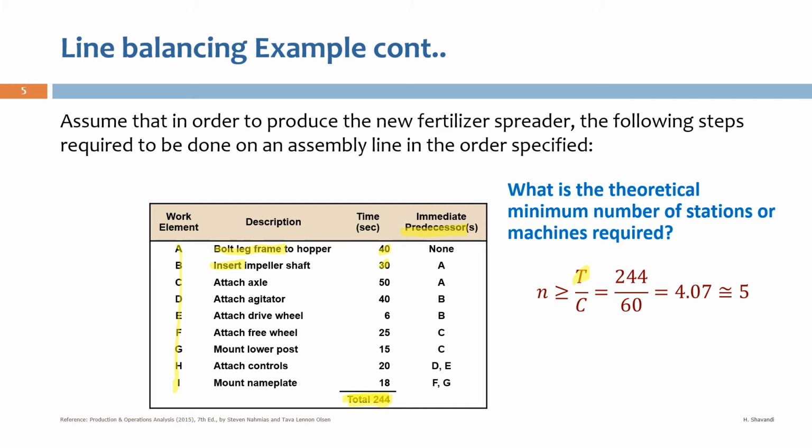So if we divide T by C, 244 divided by 60, it will be 4.07. We always round it up, so it will be 5. So 5 will be our minimum number of workstations. This is also called the theoretical minimum number of stations.